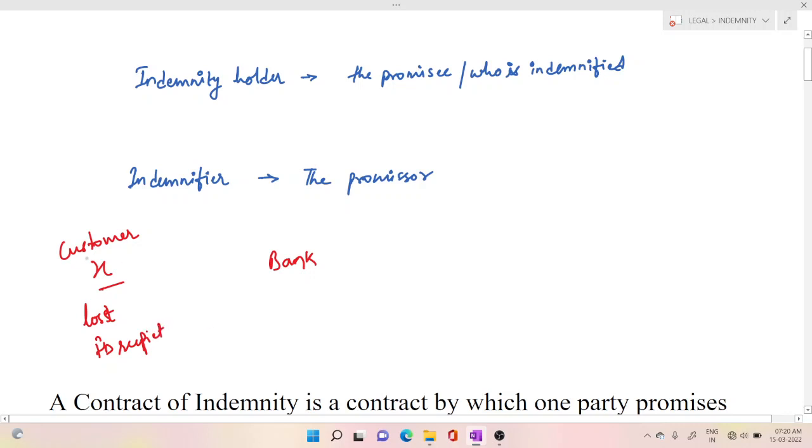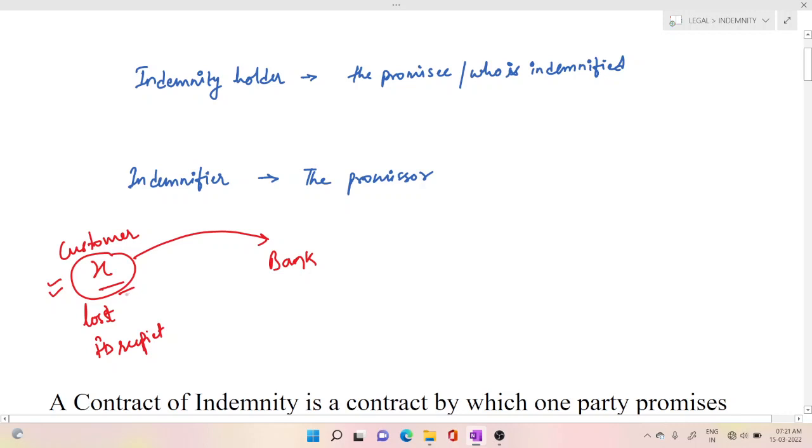Then he comes to the bank for the issue of a duplicate FDR. In that case, the bank asks the customer to provide an indemnity bond. In it, it is written that Mr. X has lost his original fixed deposit receipt and he is the true owner of that fixed deposit account.